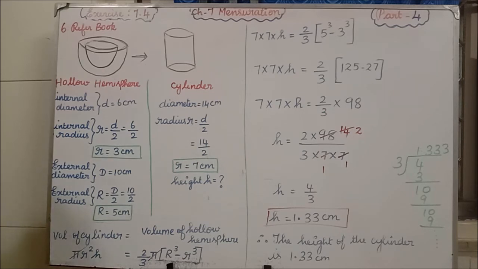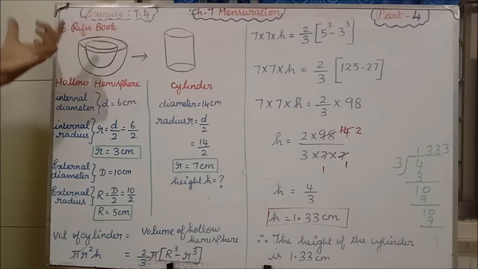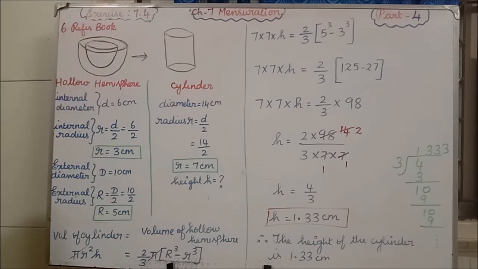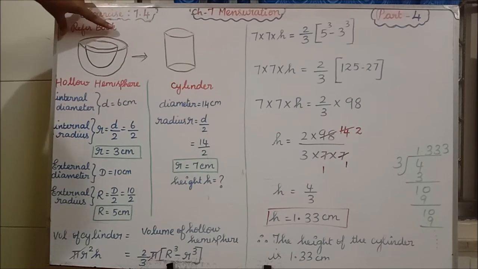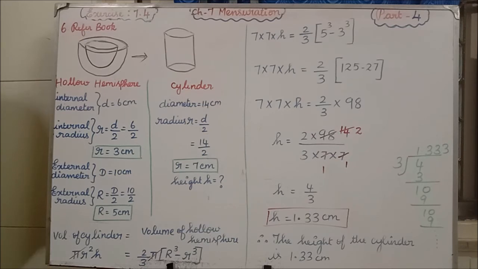Also here they have given the diameter of the hollow hemisphere. Clear? They have given the internal diameter as 6 centimeter and the external diameter as 10 centimeter. I told you many times, whenever they give diameter, the first thing you have to do is convert that into radius, isn't it?